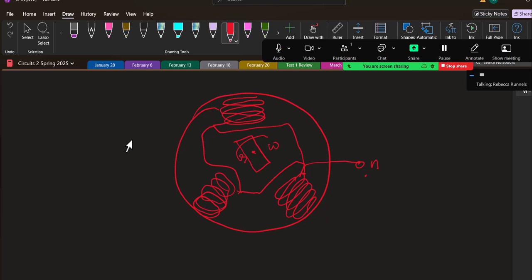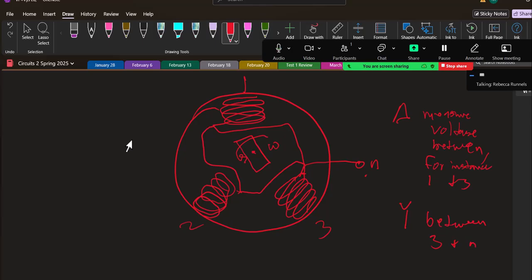So if I call this 1, 2, and 3, for delta you measure voltage between, for instance, 1 and 3, and for y, between 3 and neutral, for instance.